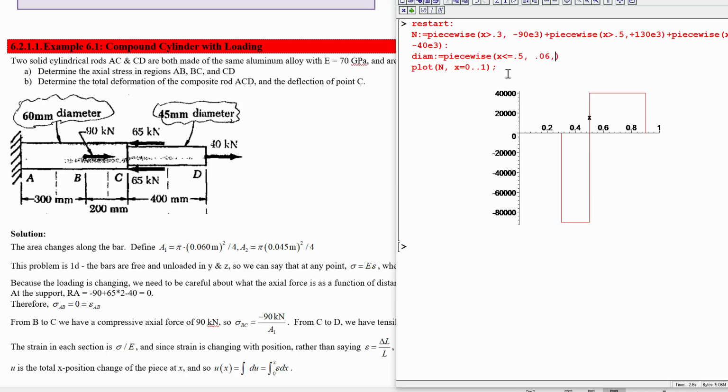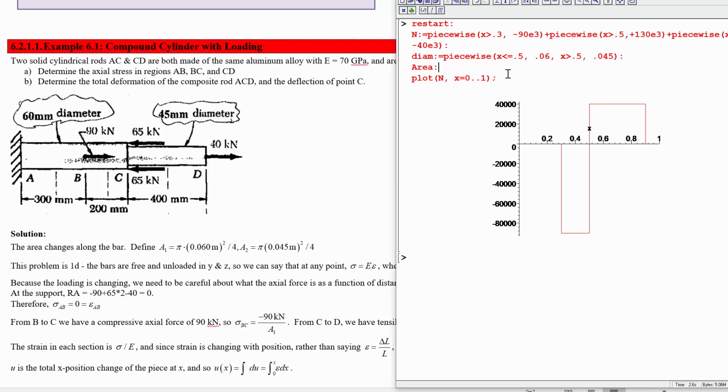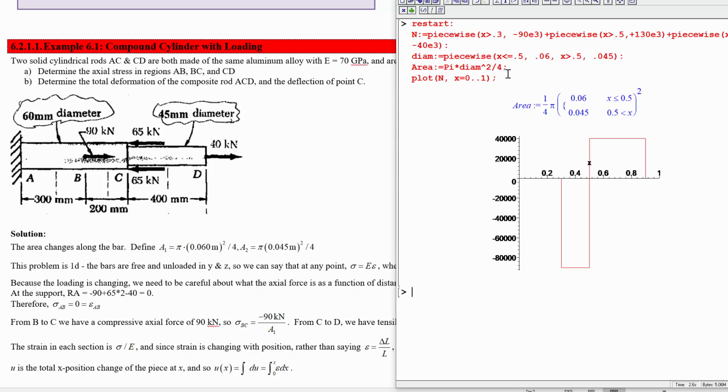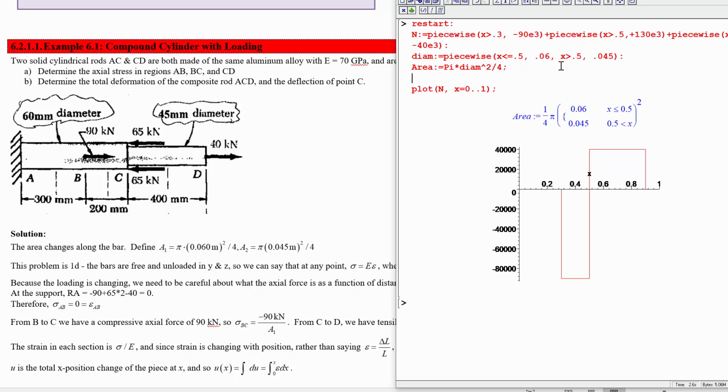And if x is greater than 0.5, then we've got 0.045 meters. Okay, so there's the diameter, and the area is equal to pi times the diameter squared over 4. All right, so here's what the area looks like. It looks kind of funky in there, so we can do a bit of a check.